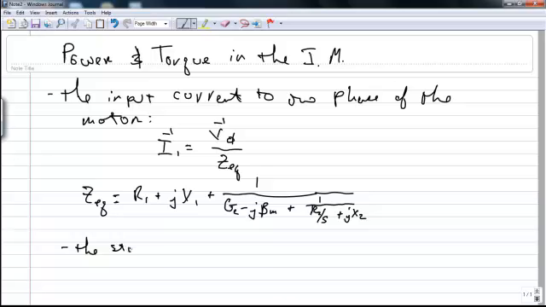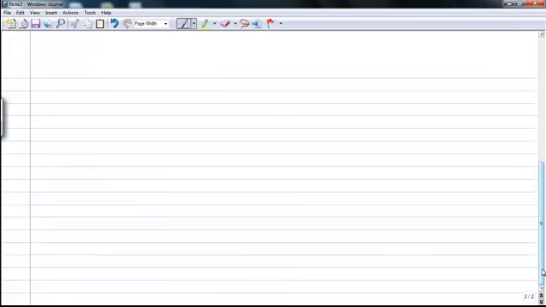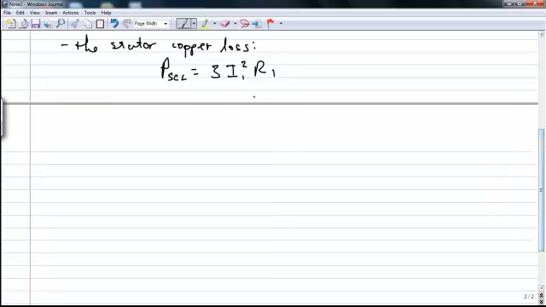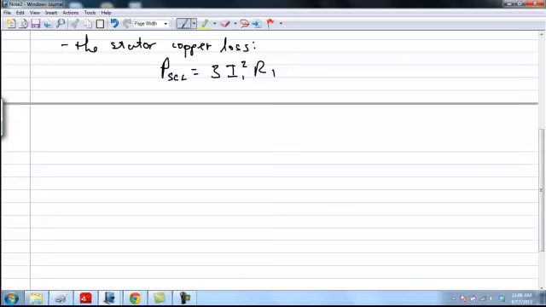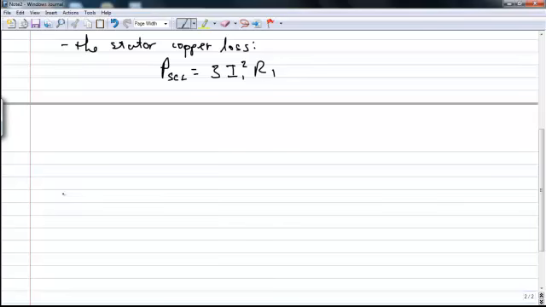We can express the copper loss in the stator portion of the circuit, which we will call PSCL for stator copper loss, and this would be 3 I1 squared R1. Now the reason why it's 3 times I1 squared R1 is because we're considering the loss in 3 phases.